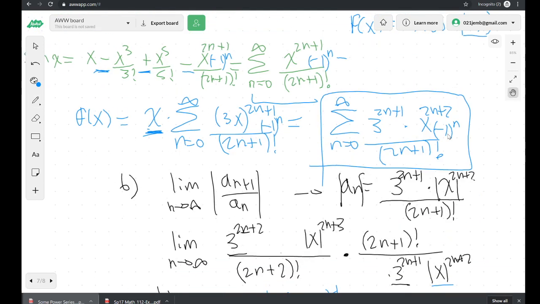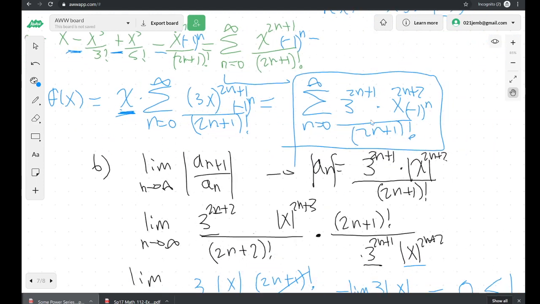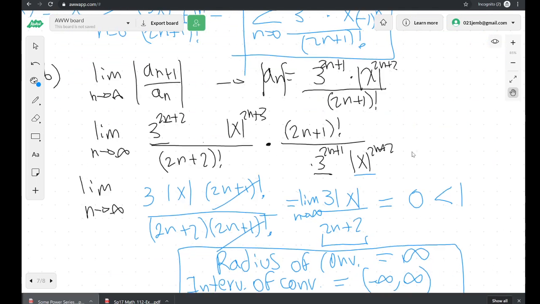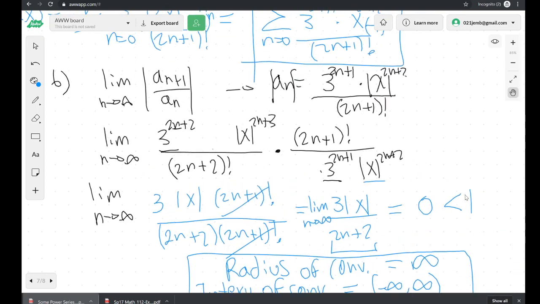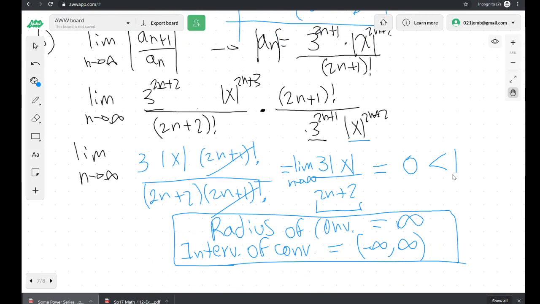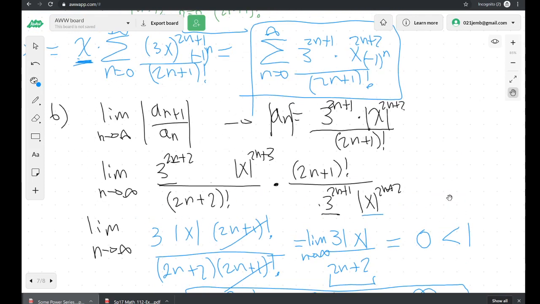Okay, it's always good to double check your work to see if you made any mistakes. Okay, so let's see. I think this should be over here. If you see, if you caught it over here, 3 to the power of 2n plus 1. Okay, 3 to the power of 2n plus 1 is a sub n, right?